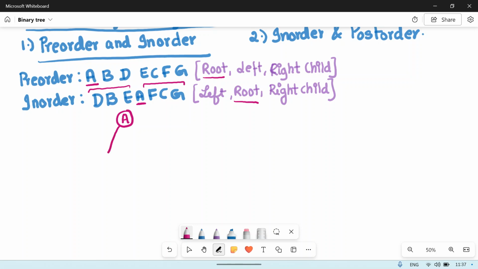So it means that D, B and E will come to the left of the root and F, C and G will come to the right of the root. Are you clear with this?